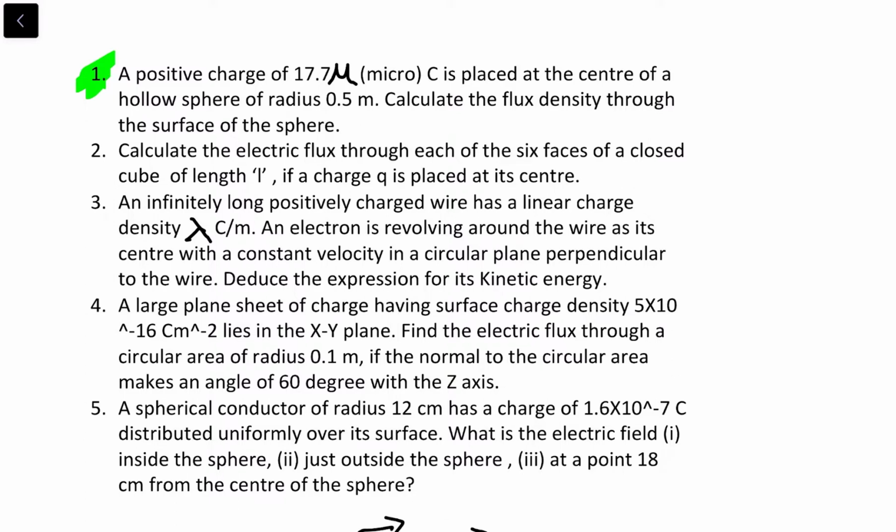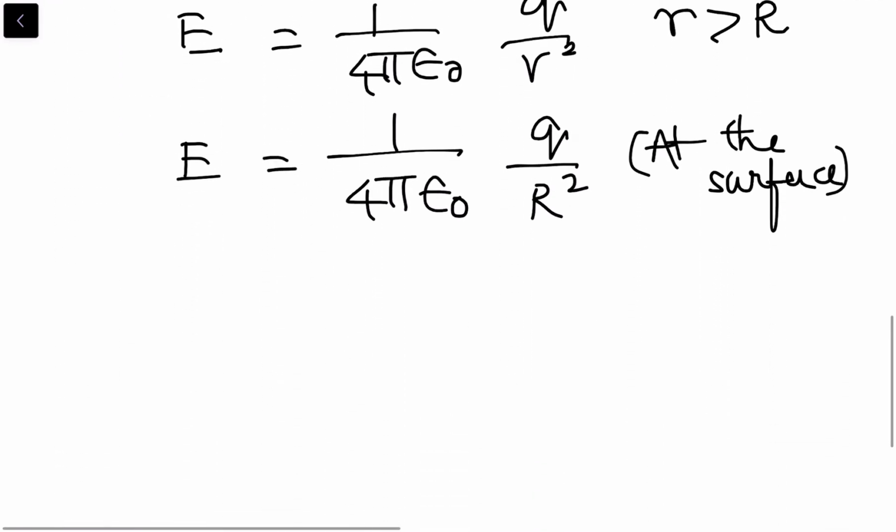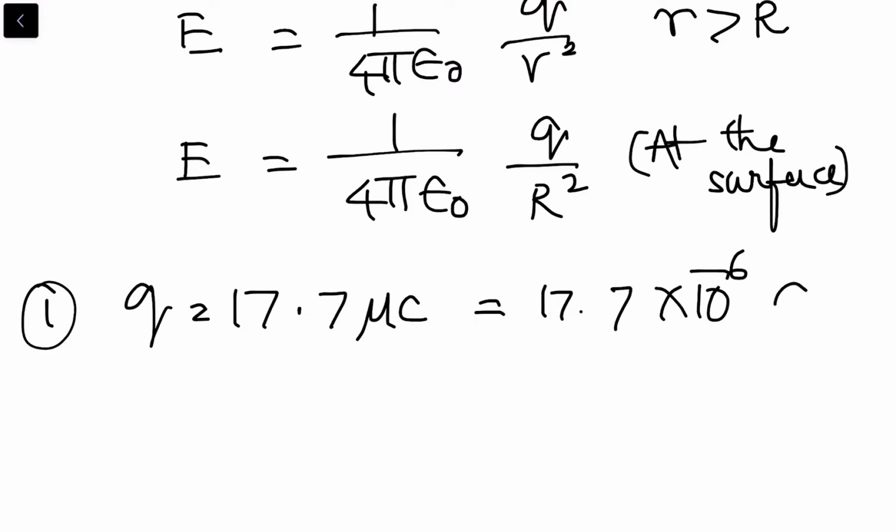What they have given in the problem is charge. In the first problem, the charge they have given, Q, is equal to 17.7 microcoulombs, that is equal to, micro means 10 to the power of minus 6, 17.7 into 10 to the power of minus 6 coulombs.